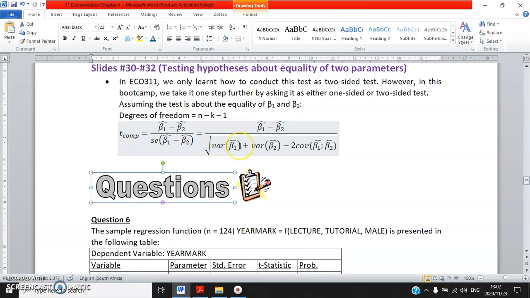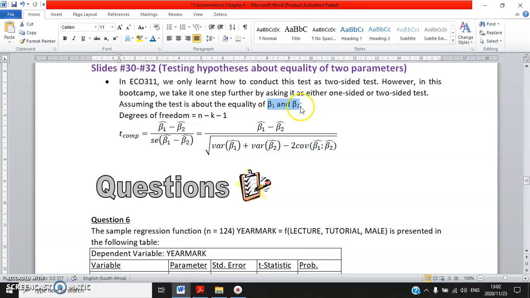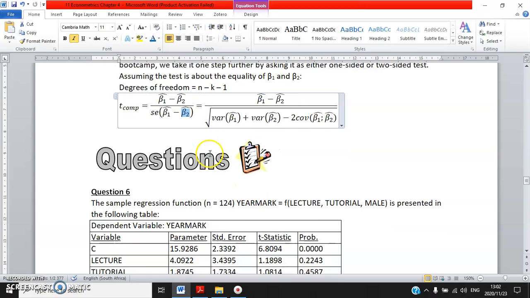And then variance of B1 hat is actually the square of the standard error of B1 hat, plus variance of B2 hat is actually the square of the standard error of B2 hat, minus 2 times covariance between the two sample regression parameters. I must give you information on the covariance. And then similarly, if the question is about equality of B2 and B3, you just have to change the equation. So that would become B2, B3, and then B2, B3. So read the question carefully.